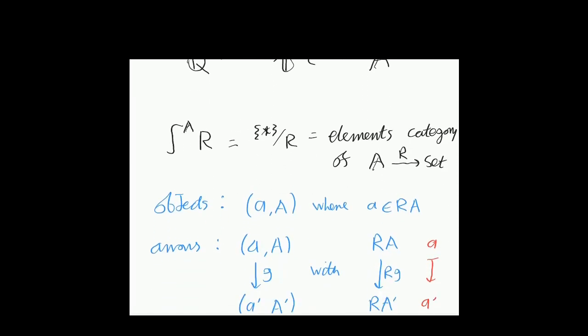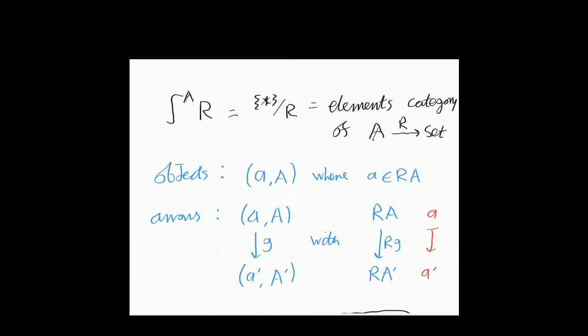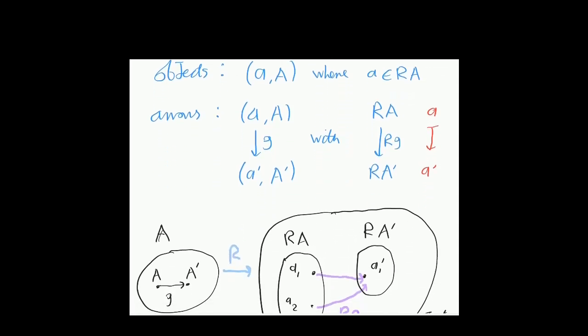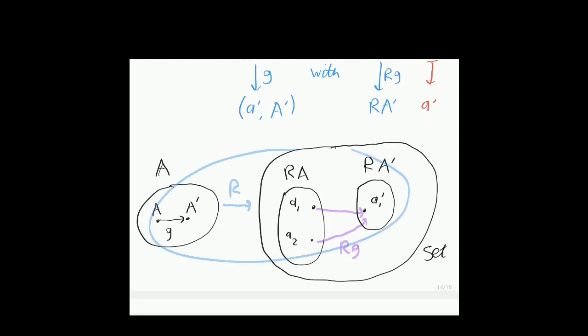So we want to define something called the category of elements. We have a category A and a functor R, which goes from A to the category Set. And here's a nice simple example.